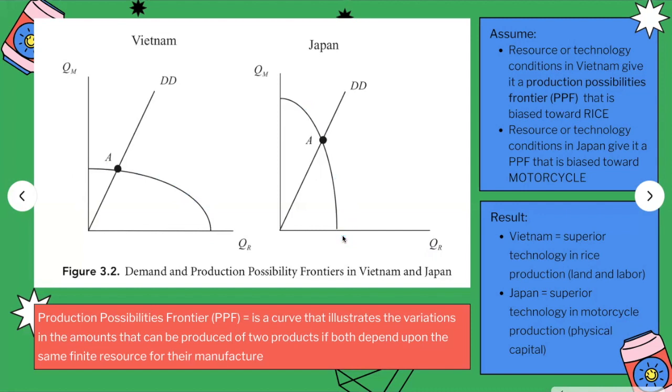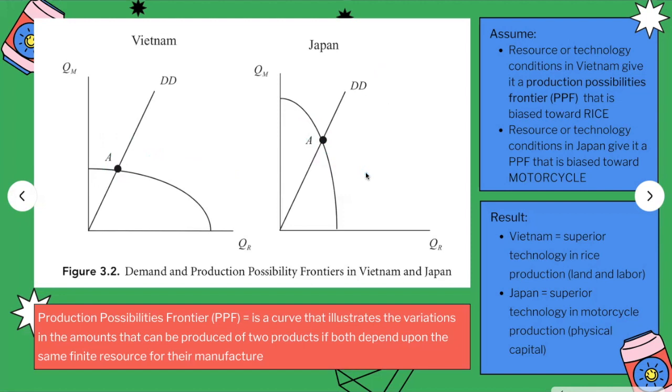We label the intersection of the PPFs with our demand lines with the letter A. So the DD line represents the demand side of the two economies, and the PPFs, here the A's, represent the supply side of the two economies.